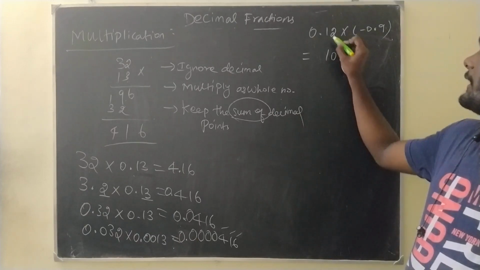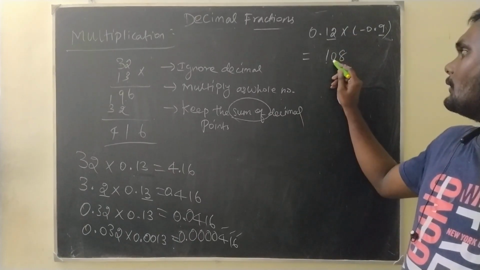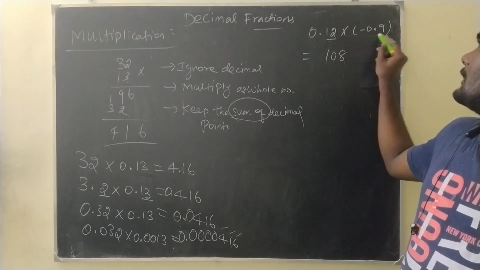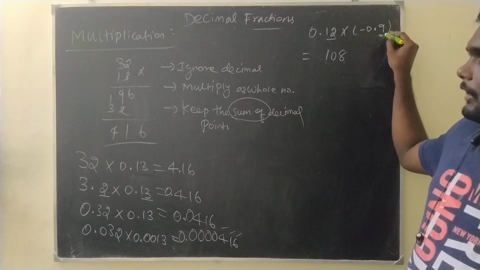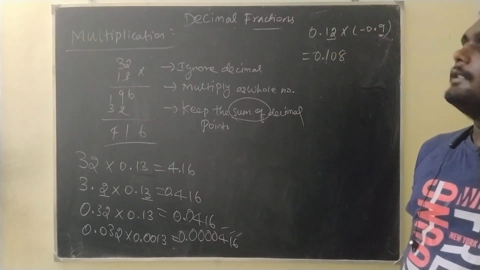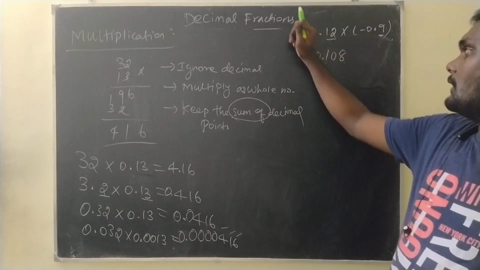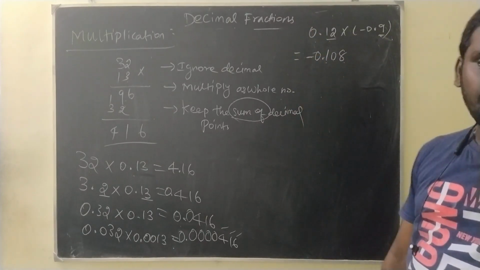108. How many decimal points? Here 2, here 1. Totally 3 decimal points. 1, 2, 3. 3 decimal points. Here 0.9, no? Here 1, there 1. So 3 decimal points. Dot 1, 0, 8. And positive into negative, that is negative. Okay.